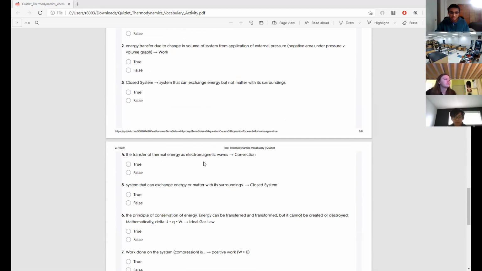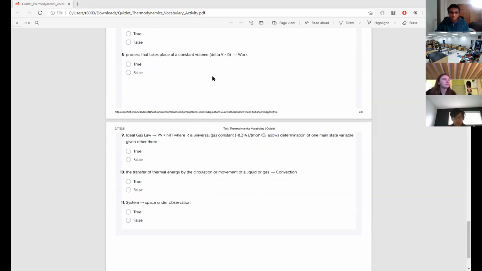Really a lot of key concepts this unit. So we really do encourage you guys to try out the vocabulary activity to become fluent in a lot of the principles in thermodynamics.